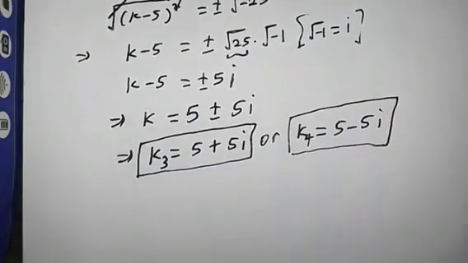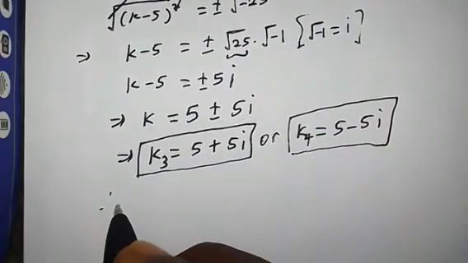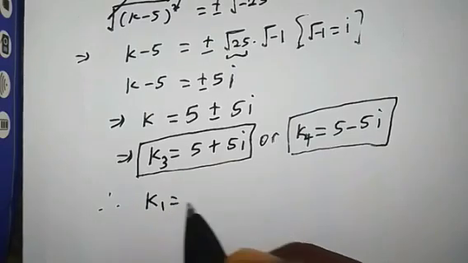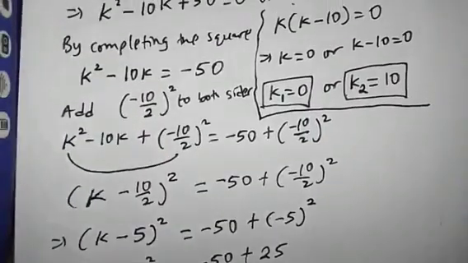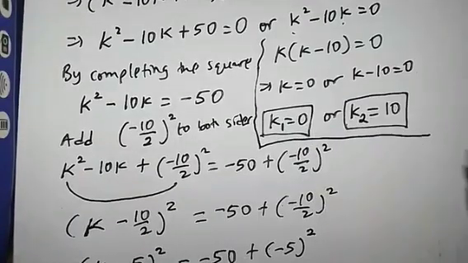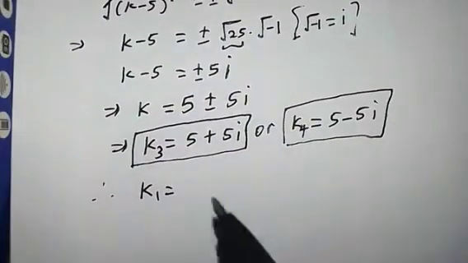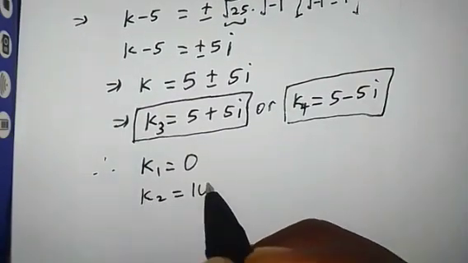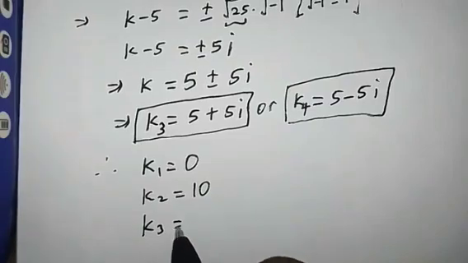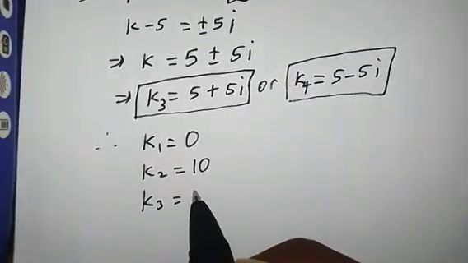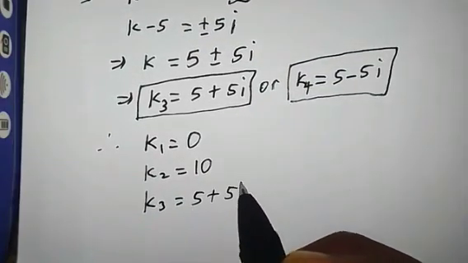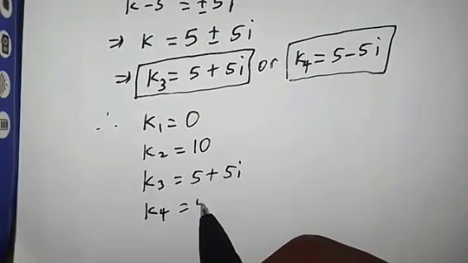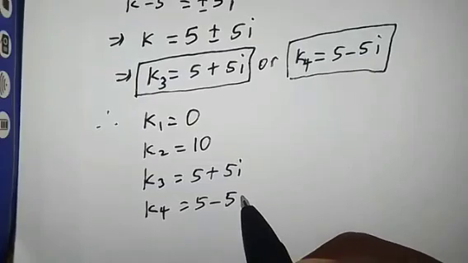As a result of this, all the solutions that we have: k1 is equal to 0, k2 is equal to 10, k3 is equal to 5 plus 5i, and k4 is equal to 5 minus 5i.